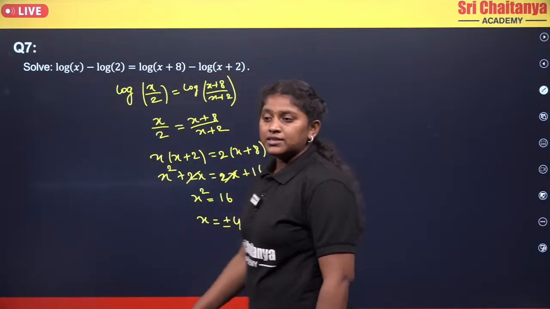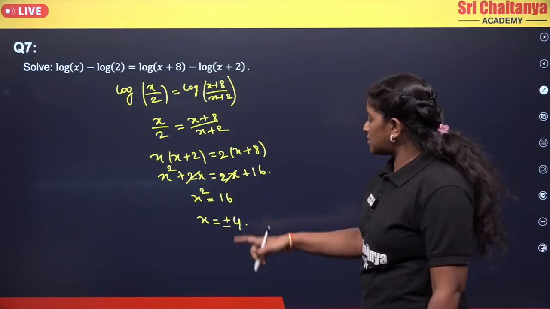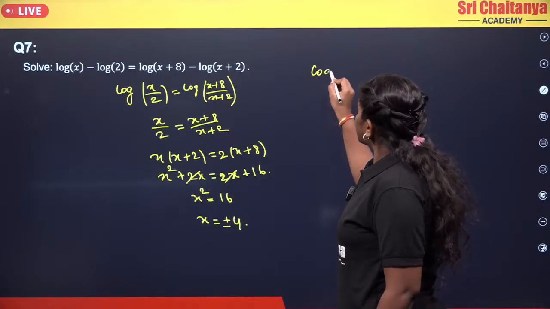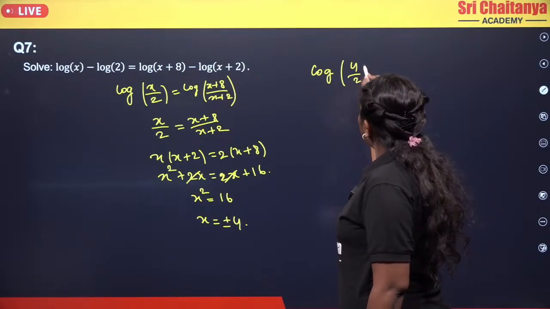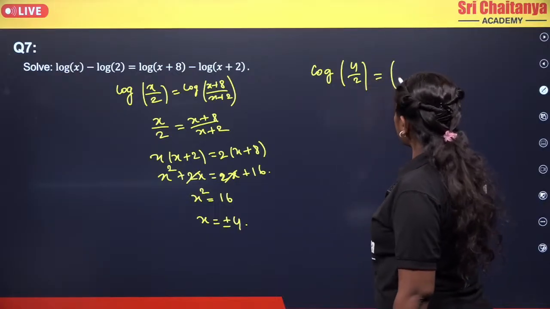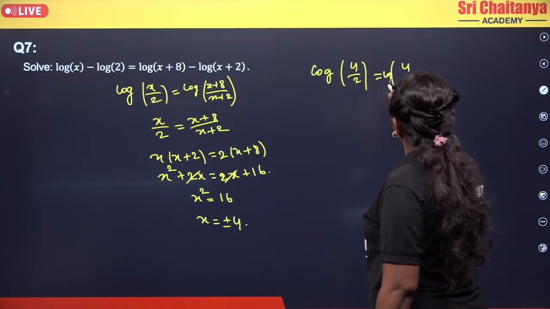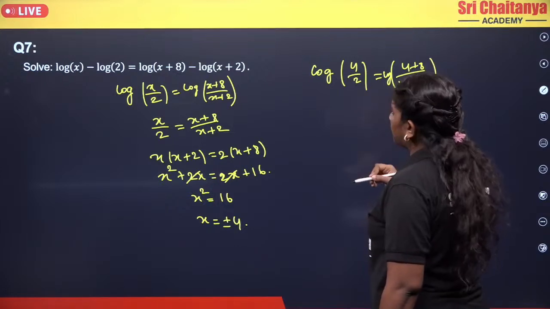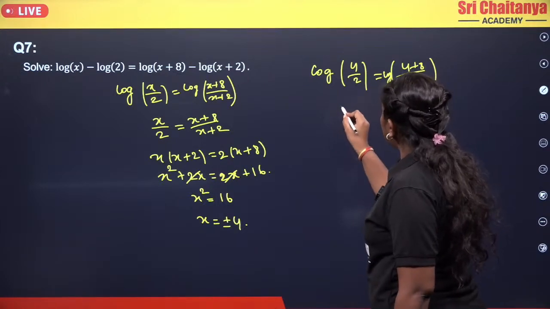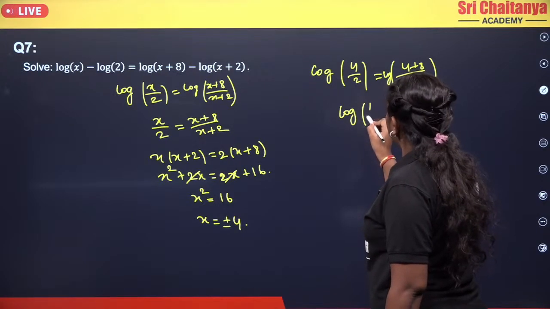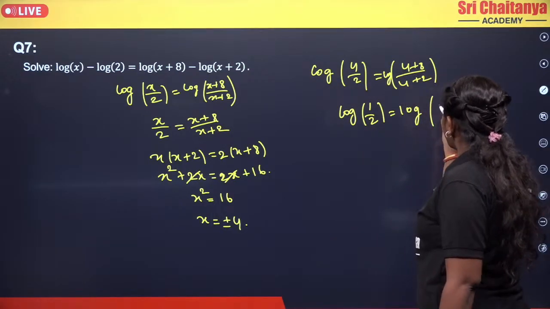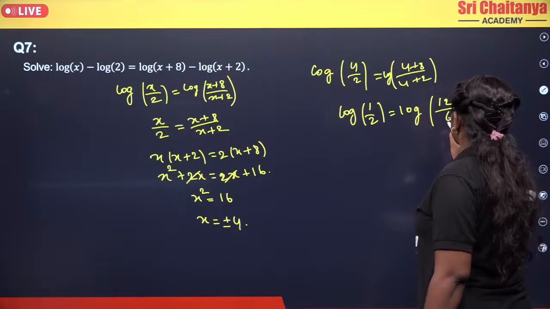Okay. Now let's check what is the value we need to consider out of the plus or minus 4. So if you consider here, log of 4 by 2 is equals to log of 4 plus 8 by 4 plus 2. Okay. So that becomes your log of 1 by 2 equals log of 4 plus 8 will be 12 by 6.